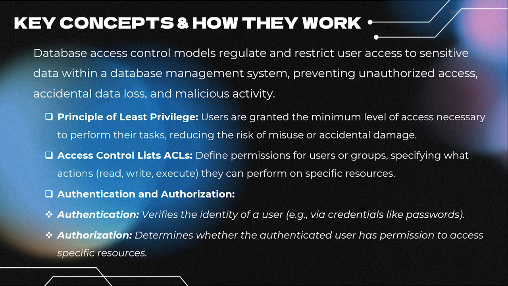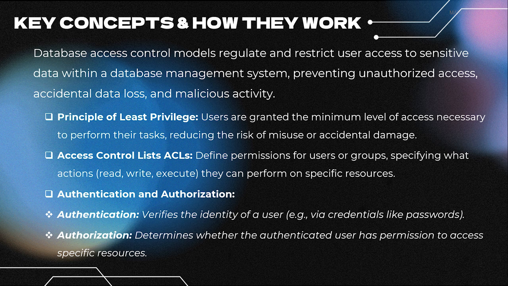And the next is access control lists, or ACLs. They define the permissions for users or groups, specifying what actions, such as read, write, and execute, they can perform on specific resources. So the ACL defines the permissions granted to a user or group for specific database resources.